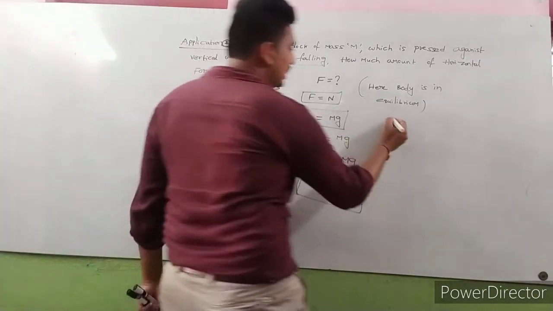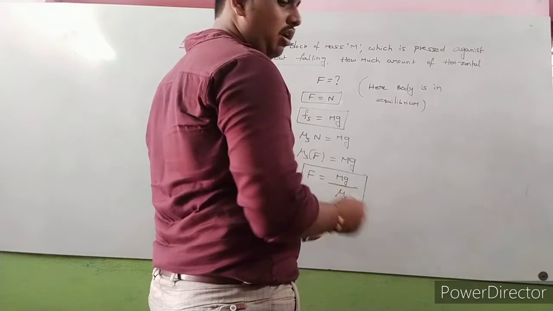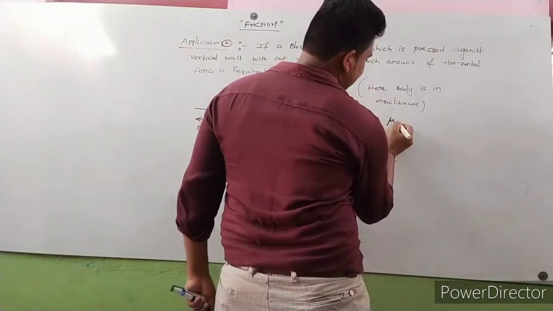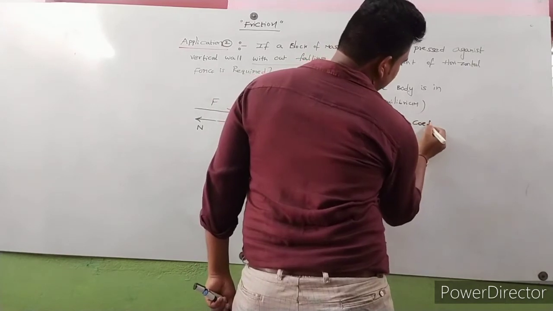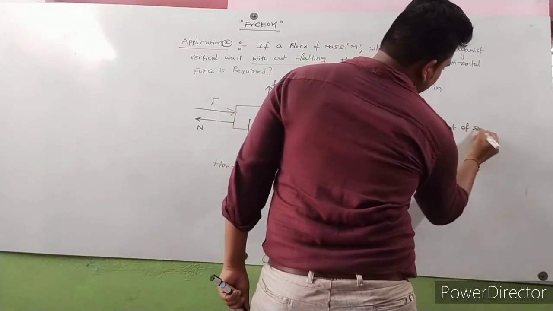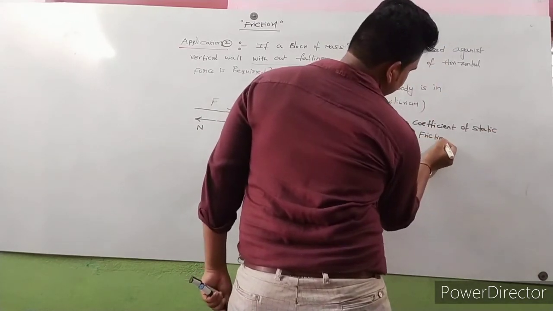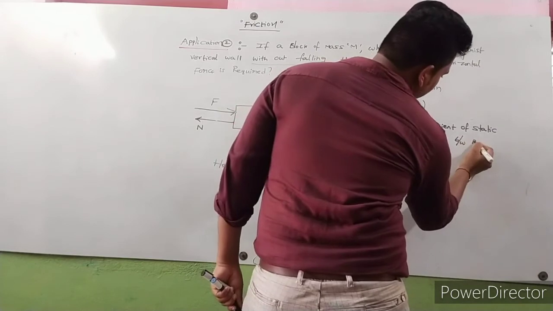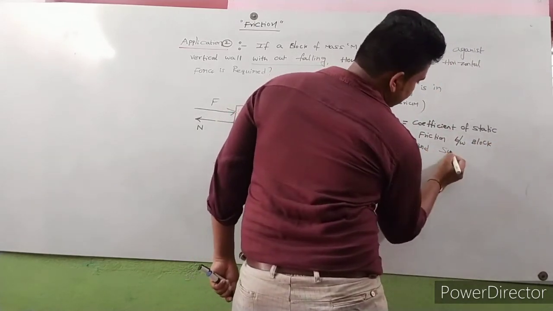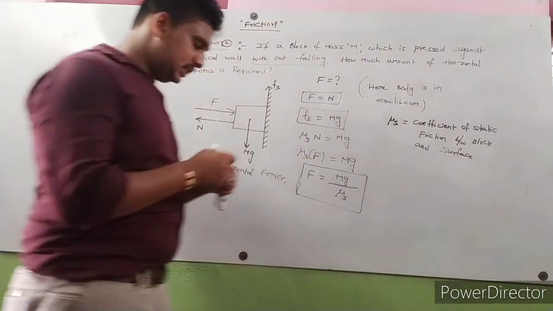Here mu s is nothing but the coefficient of static friction between the block and the surface.